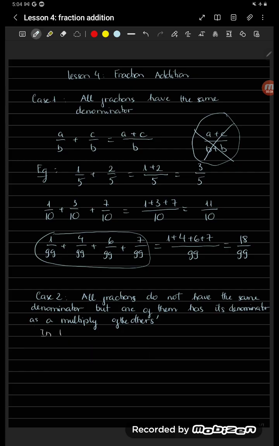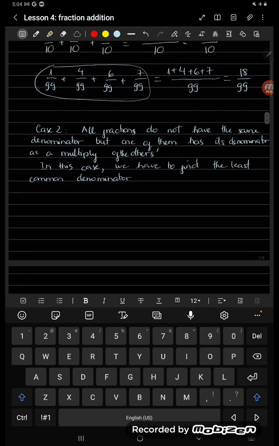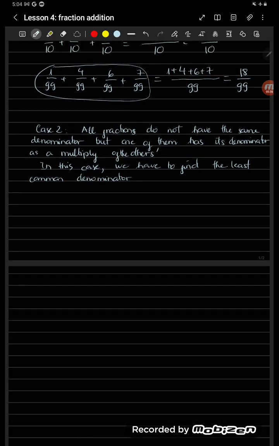How can we find it? In this case, the least common denominator is the biggest denominator that is a multiple of the other denominators.